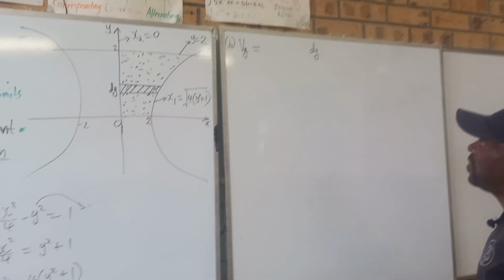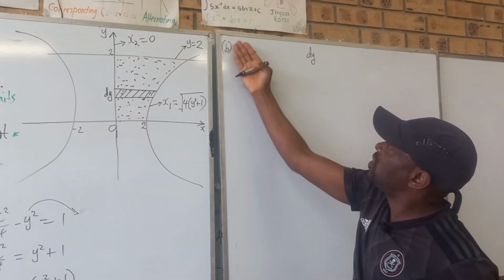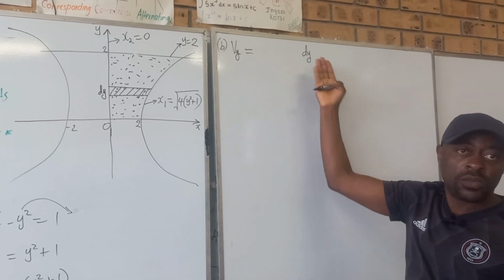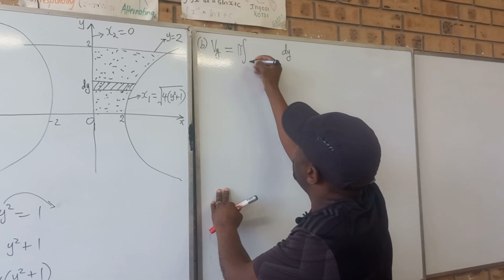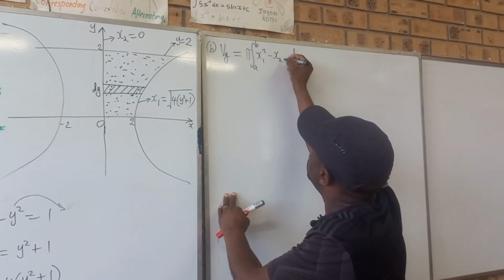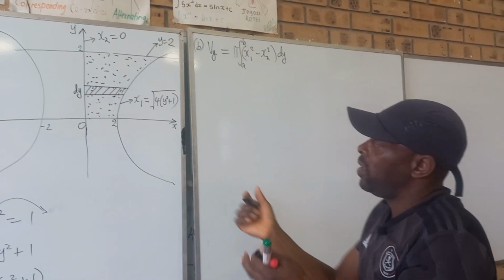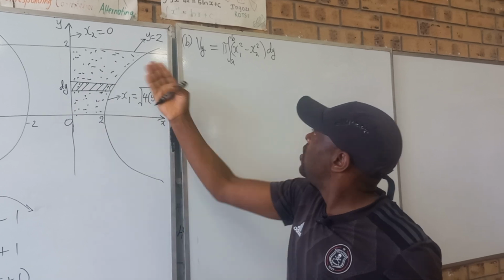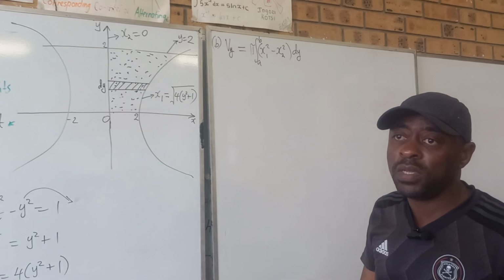As an N6 student, I'll go to page 5 of my formula sheet, search for the formula that starts with Vy and ends with dy. That formula is pi, the integral from a to b, x1 squared minus x2 squared dy. If you have done your job the way I've done mine on your graph, you will see that x1 is on the graph, x2 is on the graph, everything you need, you see it on the graph.